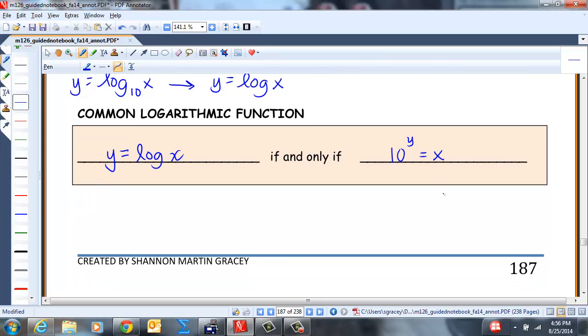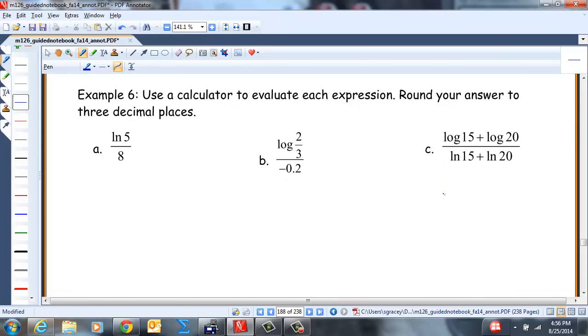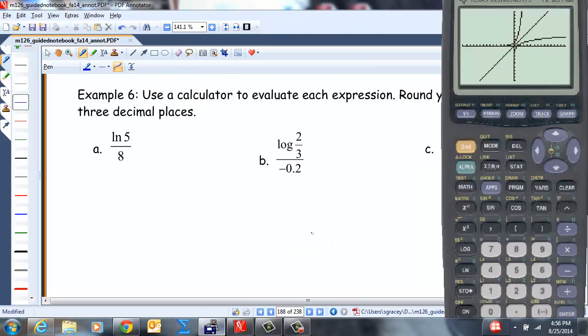So in the next examples, let's go ahead and practice using our graphing calculator. There are some techniques that you need to learn about where to put parentheses so that you don't get the wrong answer from your calculator. So in part A, you go to the natural log key, and it's natural log of 5.